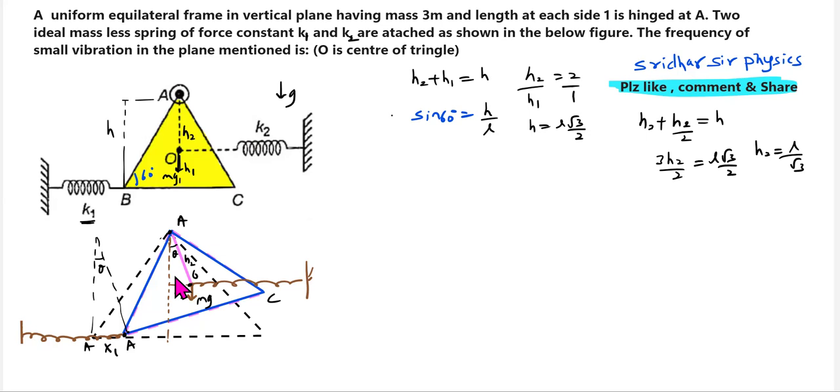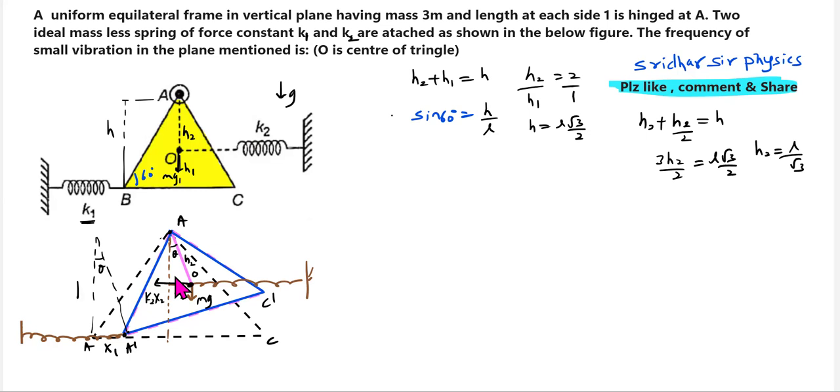Now it will come to A dash. The new position I'm showing. This will be C dash. This earlier position C. So the spring is being compressed now. So the spring force will act like this, K2 x2. This is the simplest diagram.